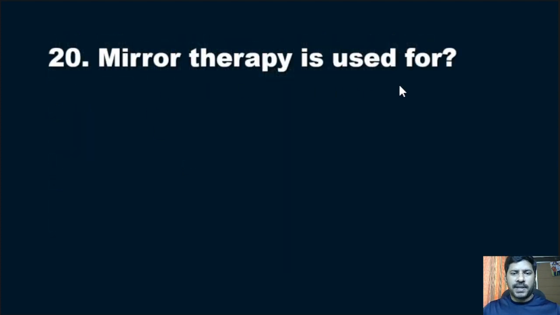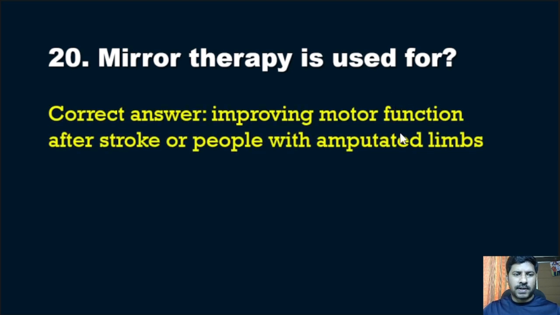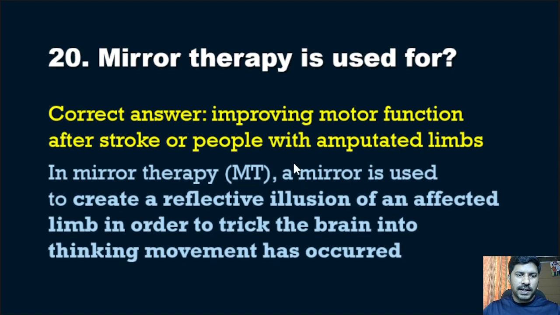Next question. Mirror therapy is used for improving motor function after stroke or in people with amputated limbs. If either of these options is there, you can mark it. In both conditions we can use mirror therapy. In mirror therapy, a mirror is used to create a reflective illusion of an affected limb in order to trick the brain into thinking movement has occurred.